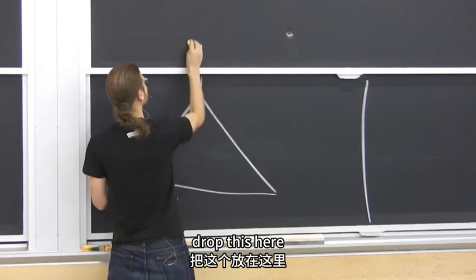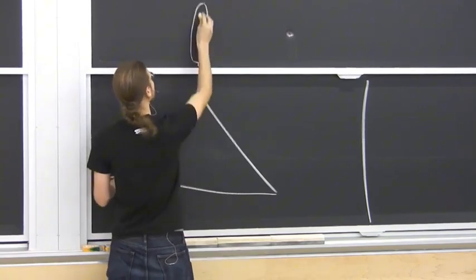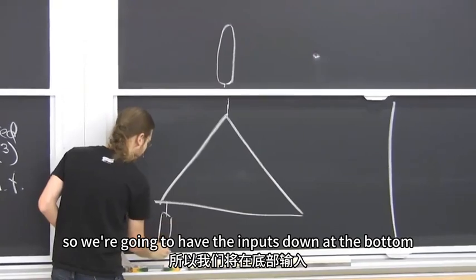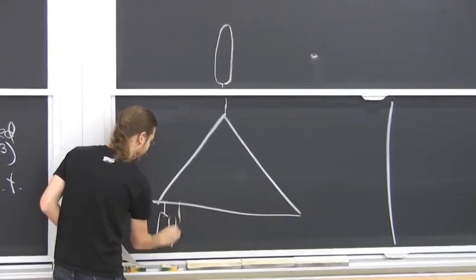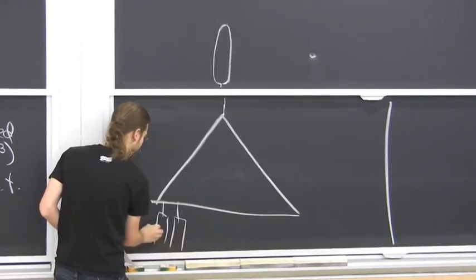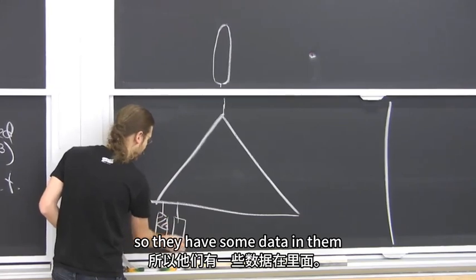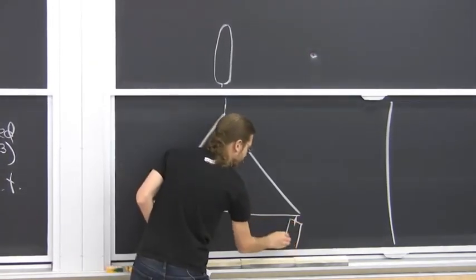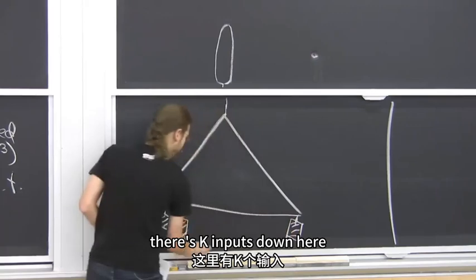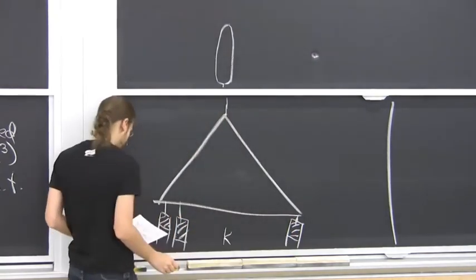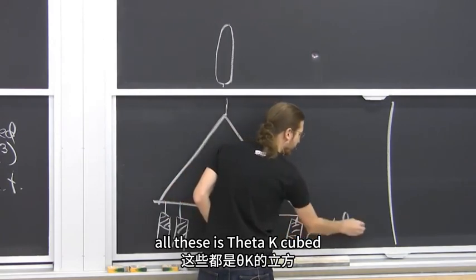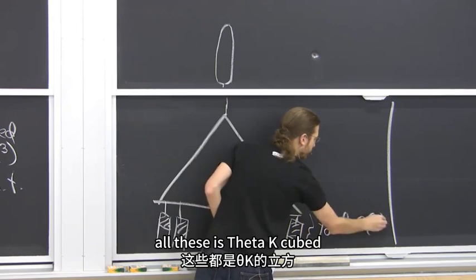I'll draw this here. So we're going to have the inputs down at the bottom of this funnel. So they have some data in them. There's k inputs down here. Total size of all these is theta k cubed.